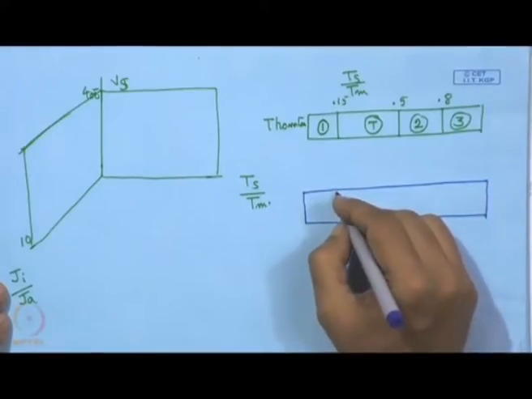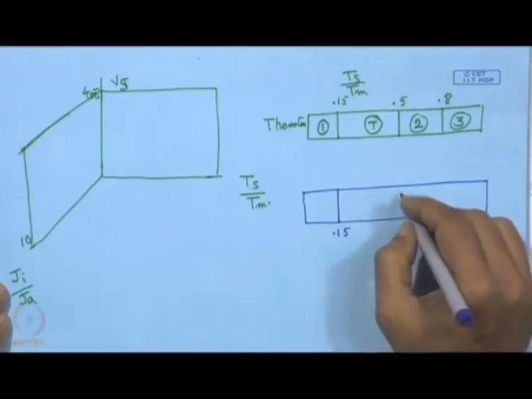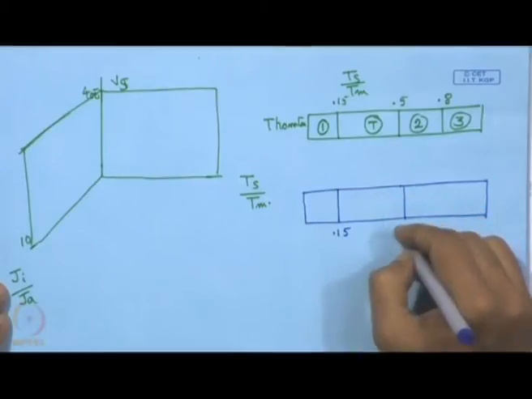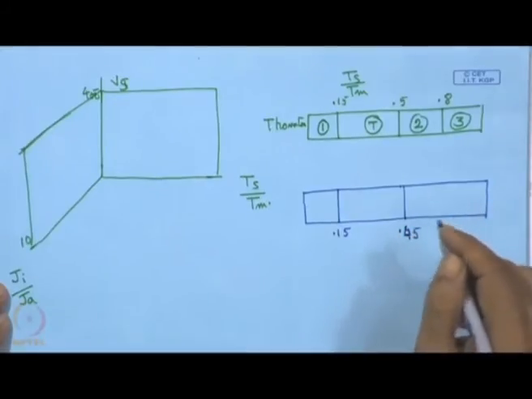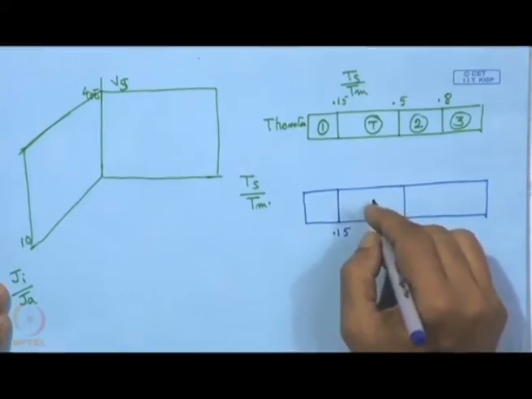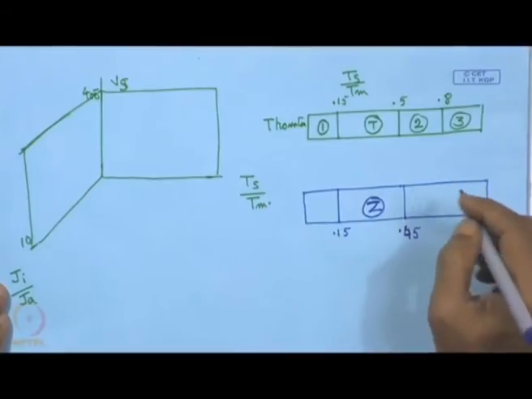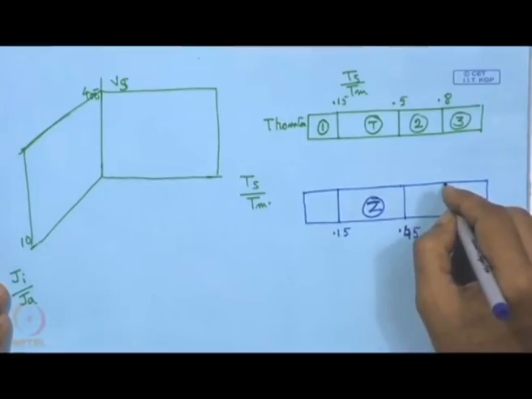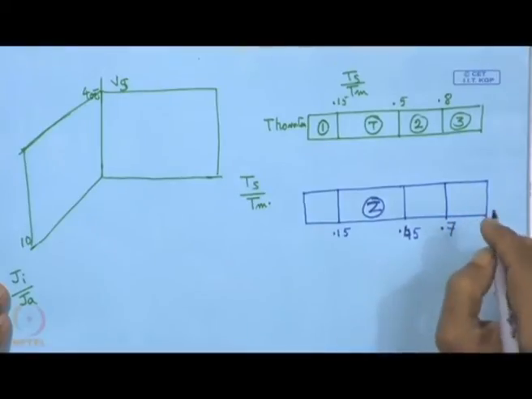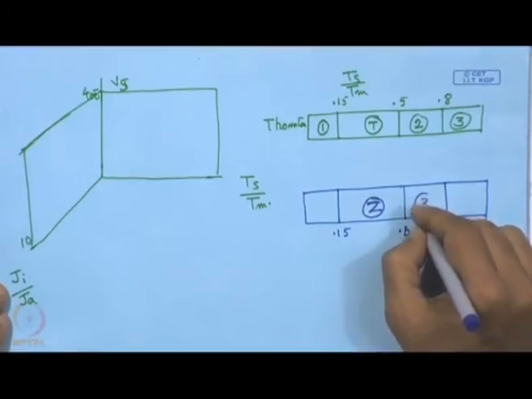In this map, this is 0.15, and then within this 0.5, up to 4.5, what we get is actually zone 2, and here this is 0.7, and here we have zone 3.